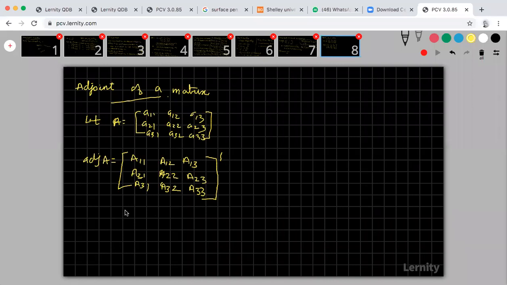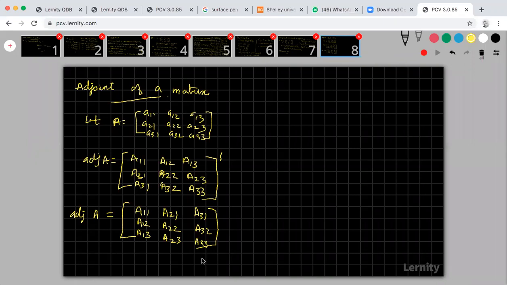So, adjoint of A equals, I am going to take a transpose. What is my transpose? Transpose means write all the rows as columns. A11, A12, A13, A21, A22, A23, A31, A32, A33. Okay, so this is the adjoint of A.